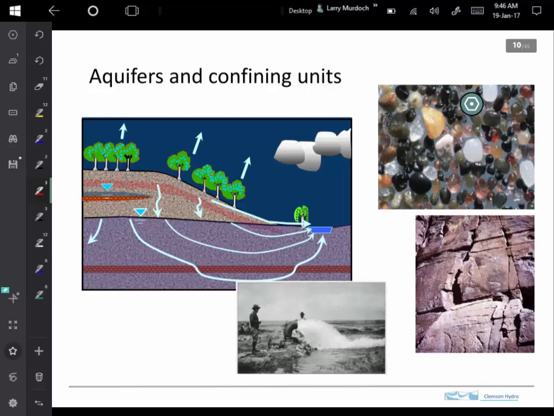But what I want to focus on for this class is looking at applications that really are at a bit of a larger scale. And if you're interested in something like this, where this is a cross-section just through a hillside and showing the groundwater flow.